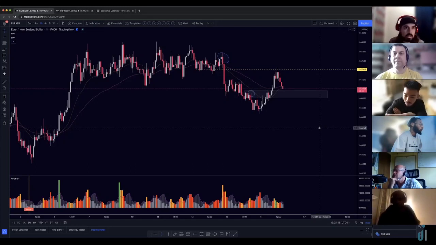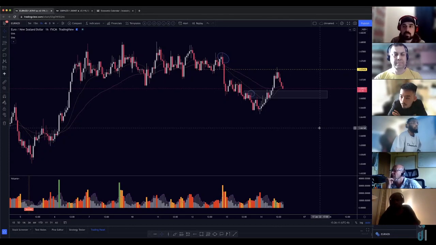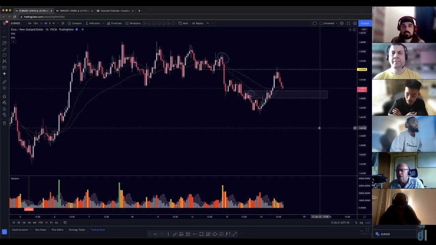The spreads are pretty high on this one for my broker, versus the others we were looking at. Yeah. Euro New Zealand, Pound New Zealand, the spreads on most brokers, at least, are very bad.